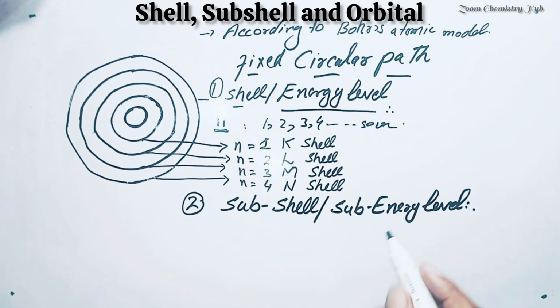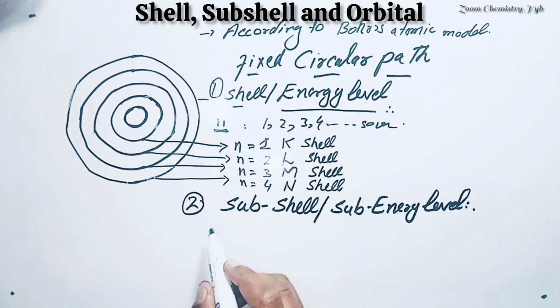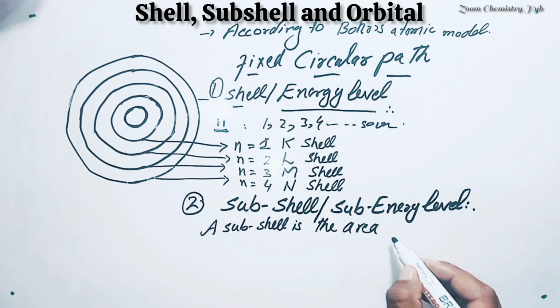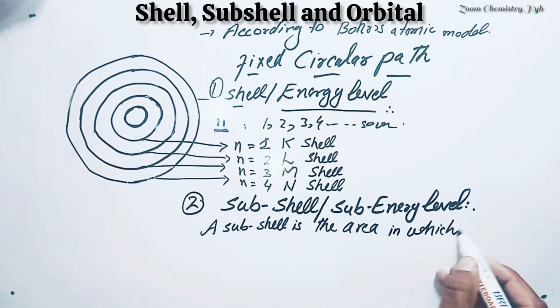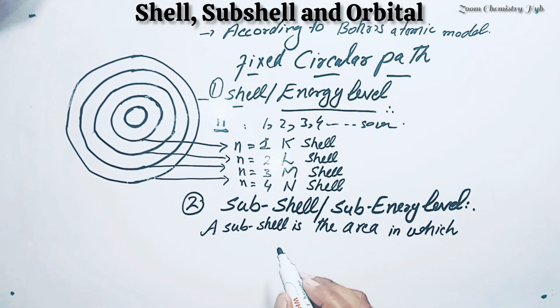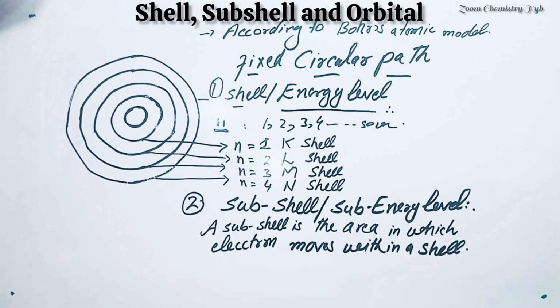How can we define these? A subshell is the area in which an electron moves within a shell. Every shell has a different number of subshells.